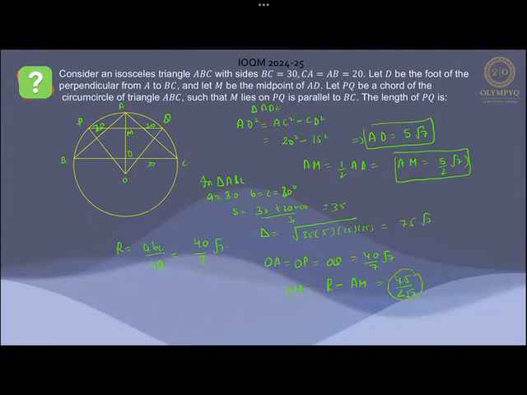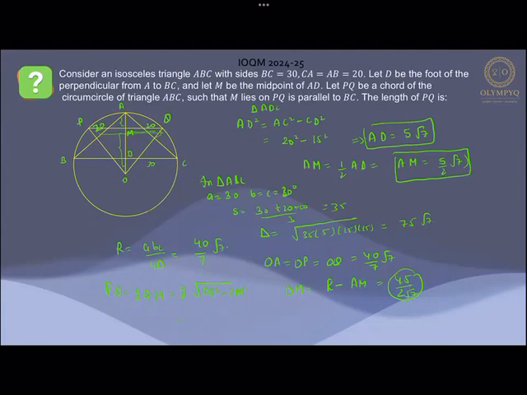So I got this length OM from here to here, and I got this length AM. My work is to find the total length PQ. So total PQ is going to be equal to 2 times QM. And QM we can calculate now. Since OQ and OM are known, the value of QM will be equal to the square root of OQ square minus OM square.